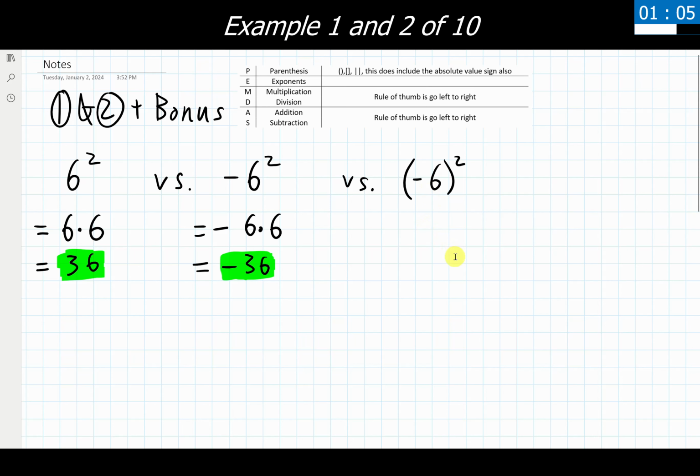If we were to expand this out and actually write it out, it would look like this. The quantity negative 6 times the quantity negative 6. So because the negative is inside of the parentheses, it is therefore included with this exponent property. So when I expand this out, I get negative 6 times negative 6, and negative 6 times negative 6 gives me a positive 36 for my final answer.